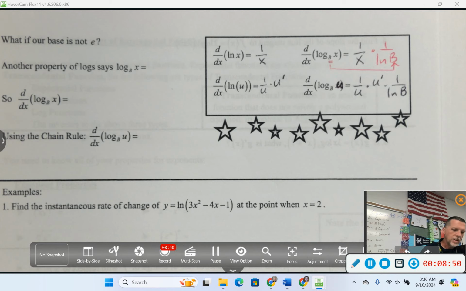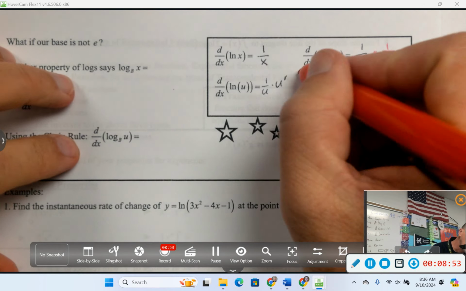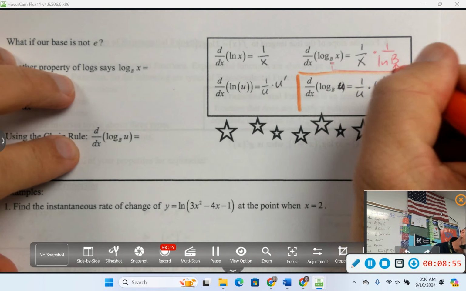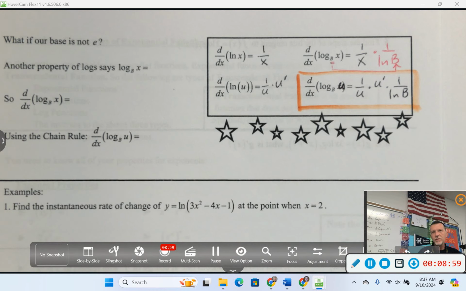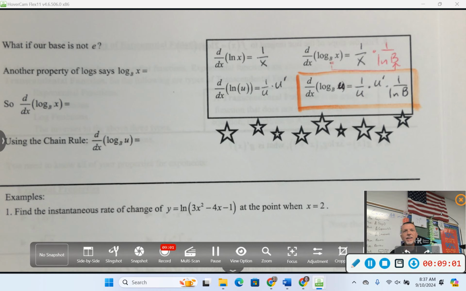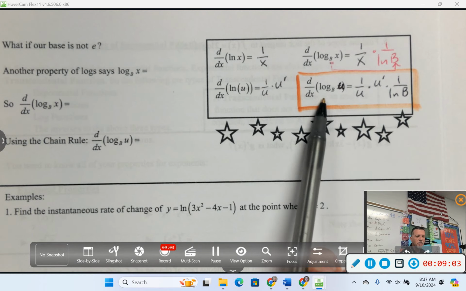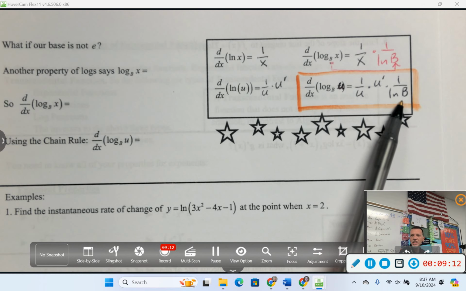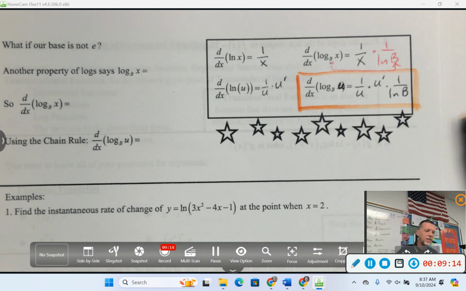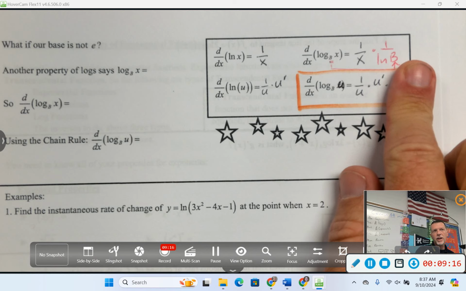Okay, well, maybe that looks like 4 different things, but really, if you memorize this one, that covers all of them. Because if it's natural log, what did we say the base was in a natural log? e. And what's the natural log of e? 1. So if it's a base e problem, then that piece goes away anyway.